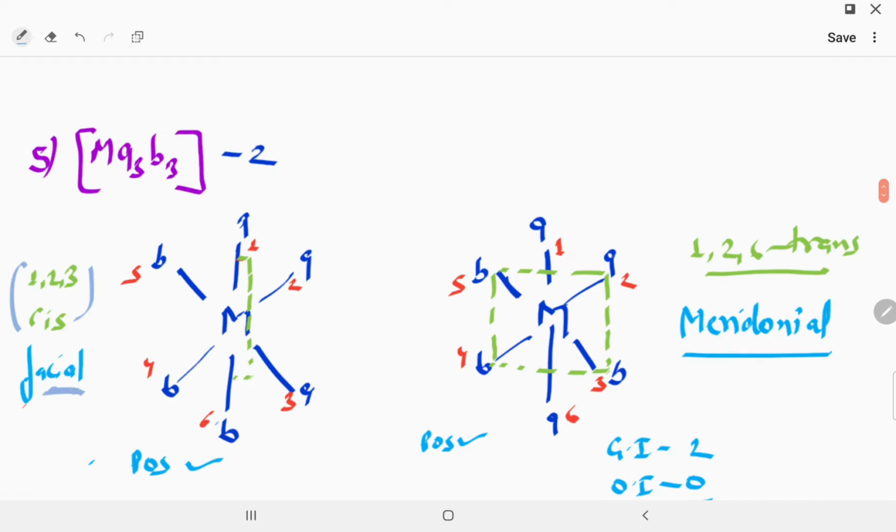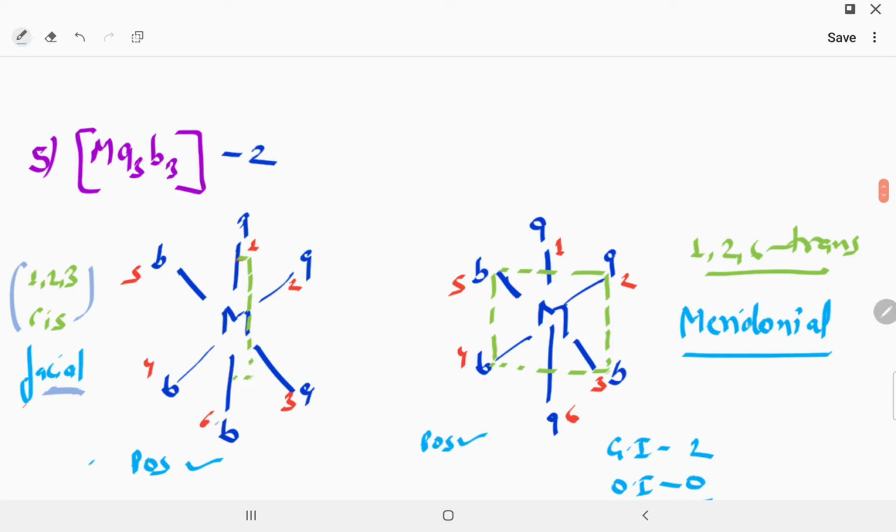And 1 2 and 6, whenever 1 2 6 have the same ligand, they are called meridional. Okay, first of all you have to understand facial and meridional. 1 2 3 position is called cis position, and this is called facial. 1 2 3 is cis, and that is called facial. 1 2 6 is trans, that is called meridional.